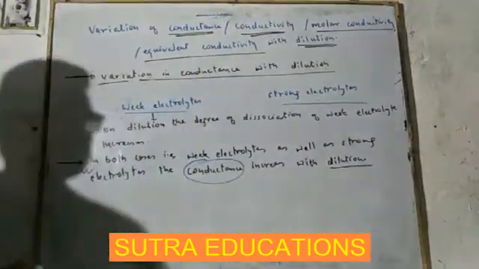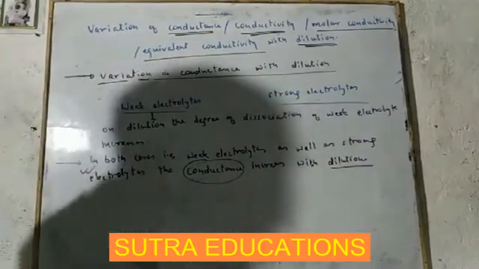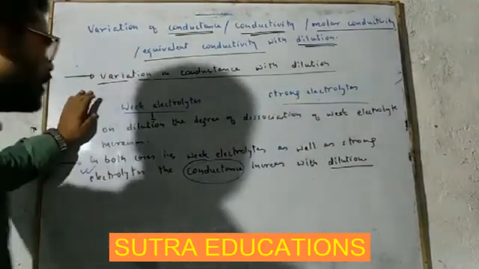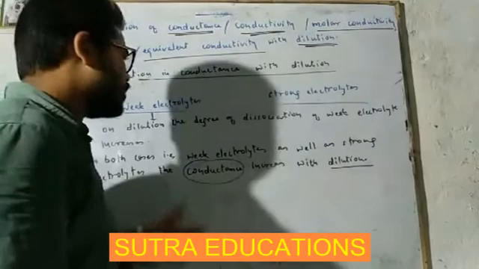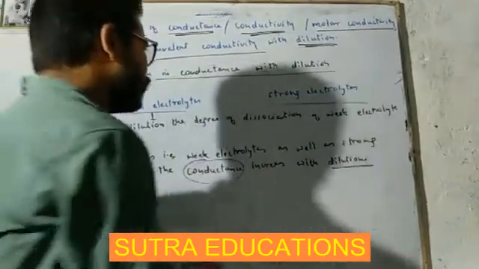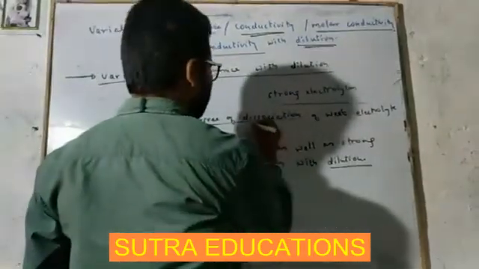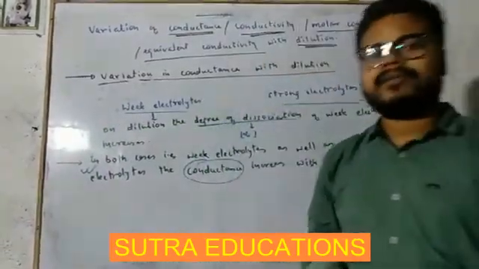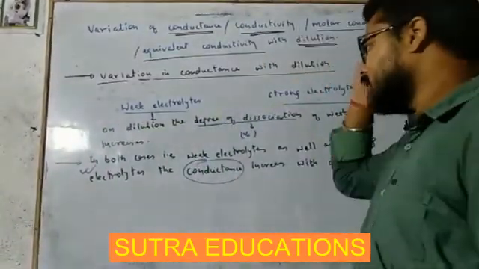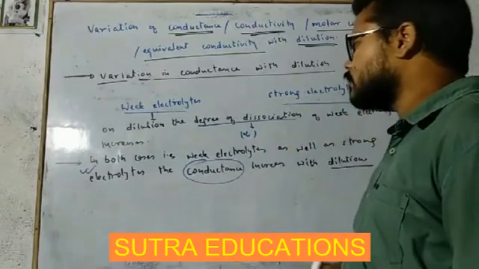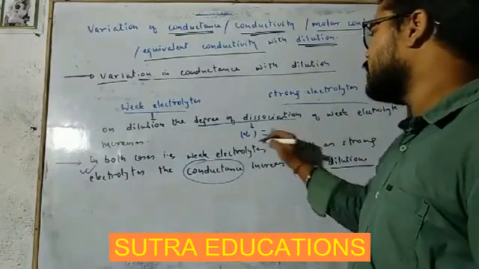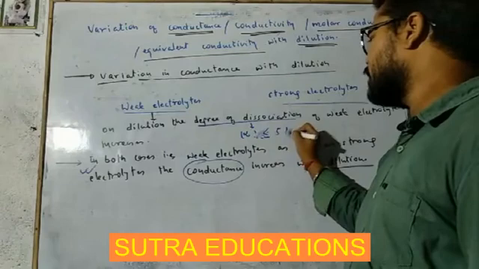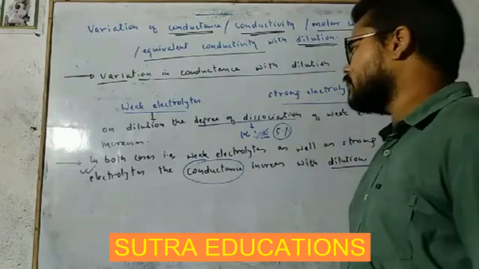In class 11th you have studied this. In case of weak electrolytes on dilution, the degree of dissociation, alpha, increases. What is alpha? Alpha is the degree of dissociation, and in case of weak electrolyte, alpha is nearly less than or equal to 5% or 0.5.